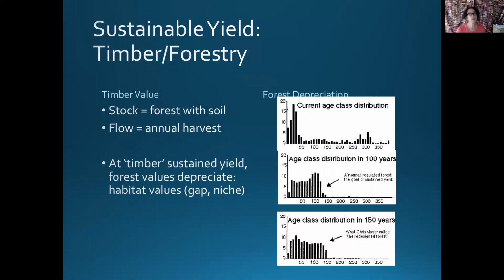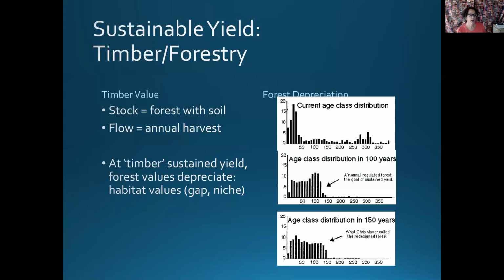The stock includes the soil organisms and the soil health and the reproductive capacity of the trees and the hydrology of the environment, some of which can be affected when you start harvesting. And then the flow in this is how many trees you can take in your annual harvest.